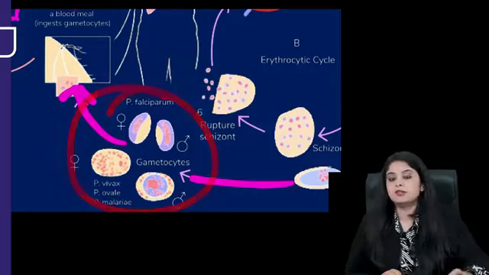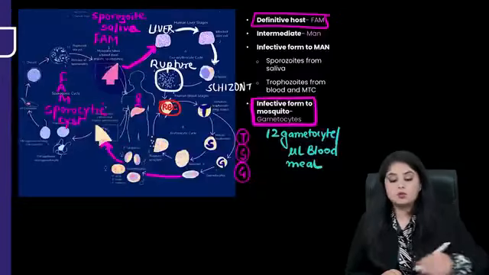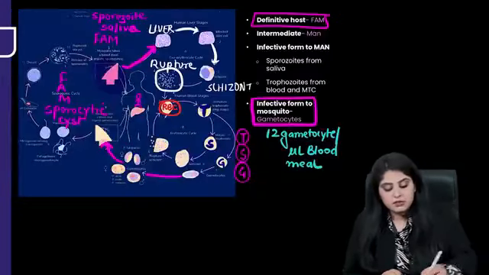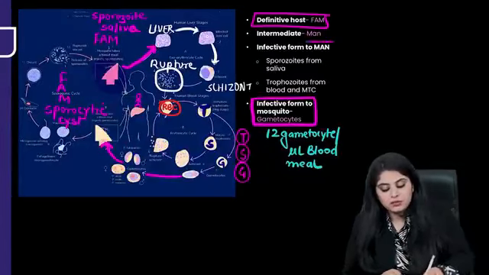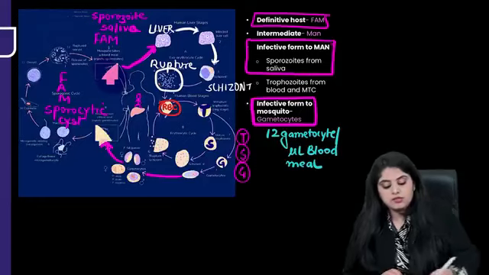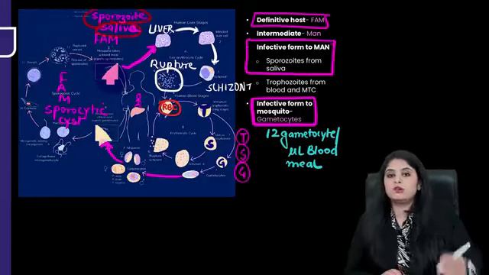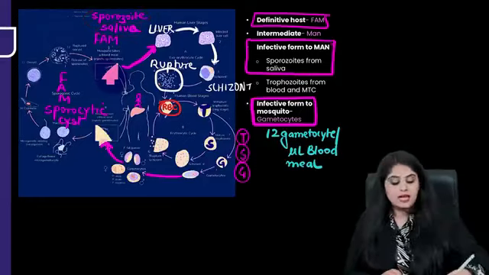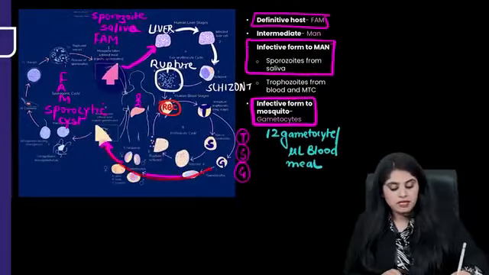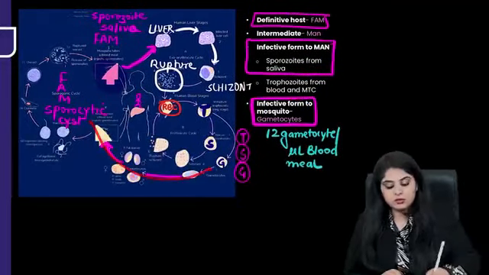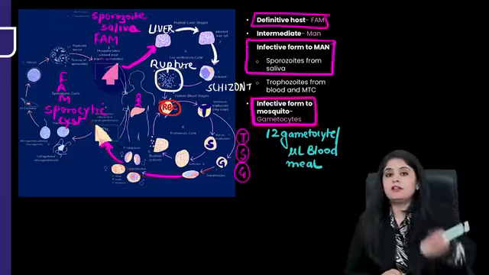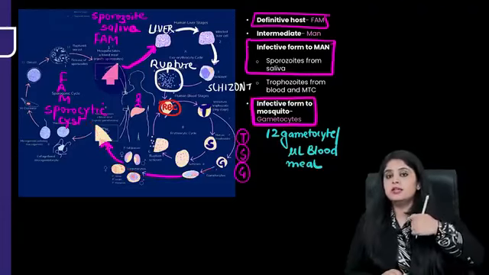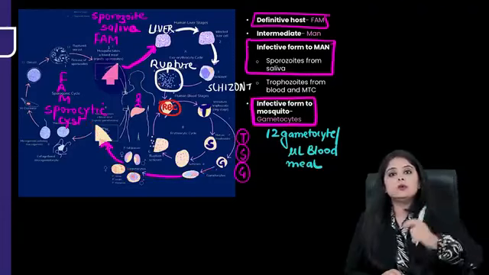Now if I ask you, what is the form which is infective to man? What is the form that is going to come to us? The sporozoite will come to me through the saliva, and the form that will go from me to the mosquito is the gametocyte. So infective to me is the sporozoite, whereas infective to the mosquito is the gametocyte.